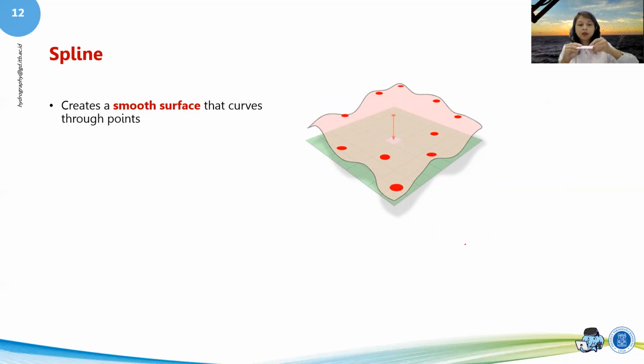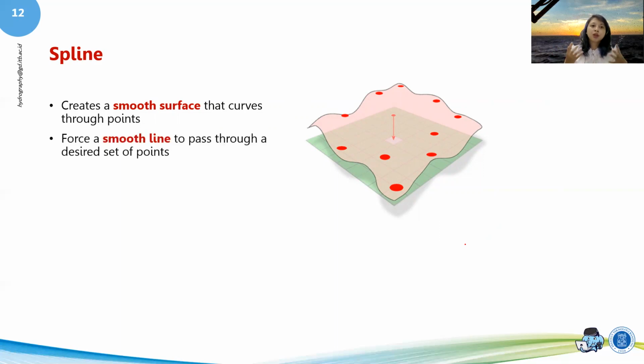So for example, if you've got a deep one in here, you will bend it like that, and you have a high one in here, then you will bend it like that. So you basically have a continuous surface that is bent at the points that are sampled. So it will basically try to force a smooth line to pass through a desired sample of points.